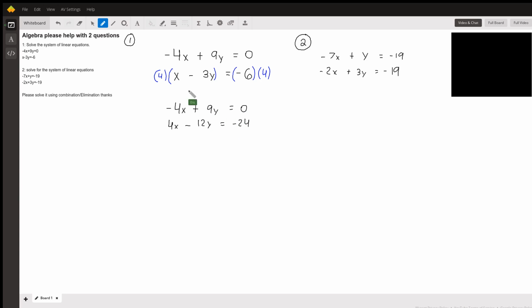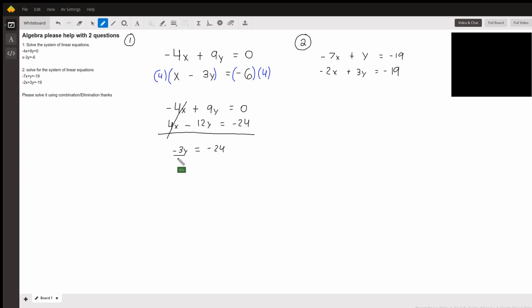Make sure to multiply the 4 through both terms and on the right side of the equation. Now when we add the equations together, negative 4x and 4x cancel each other out. 9y minus 12y simplifies to negative 3y. And 0 minus 24 is just negative 24.